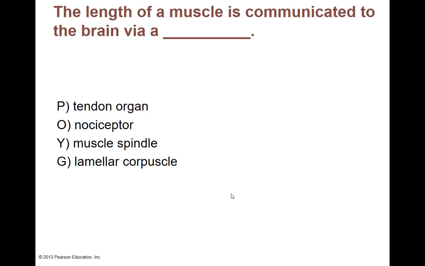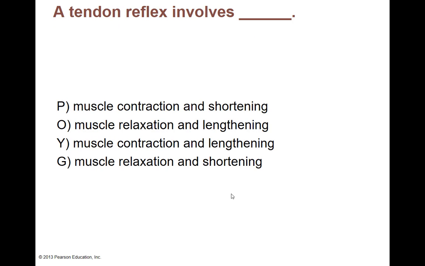Which is the only thing that talks about length, or which is the only thing on here that can change length? It's the muscle spindle. This is the actual internal part of the muscle. We talk more about muscles in our next unit, but it's the muscle spindles, the parts of the muscle themselves, that are stretching. A tendon reflex involves what happening?